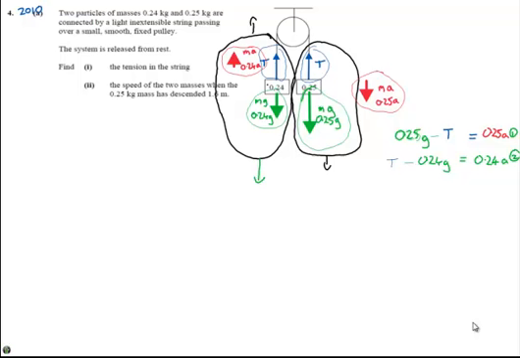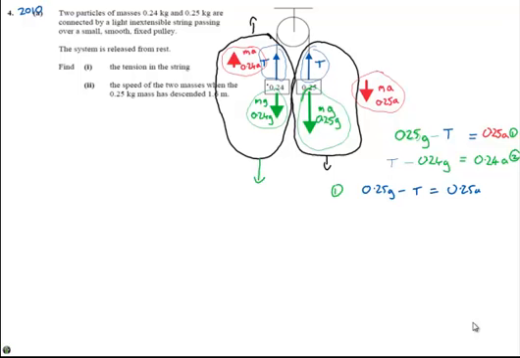Simultaneous equations is one way, but what we could do is use equation 1, rearrange it, and get t on its own. So from equation 1, I'll write it out again: 0.25G minus t is equal to 0.25A.